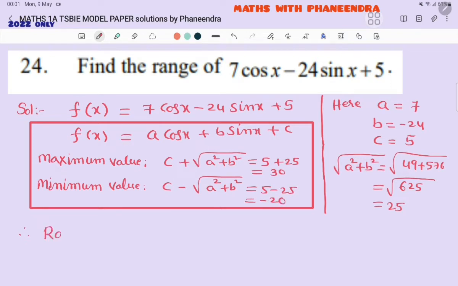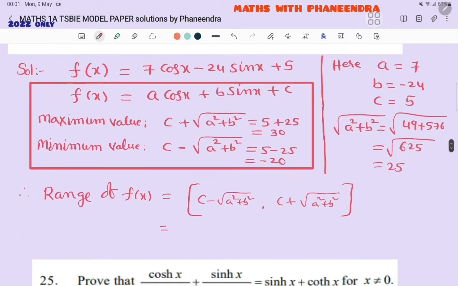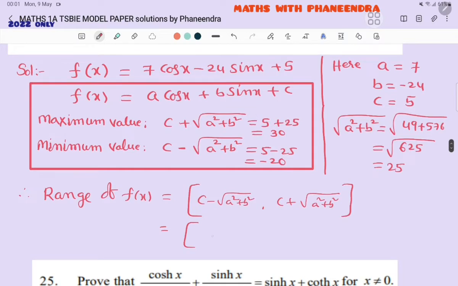Therefore the range of f of x is, minimum value and maximum value. So c minus that value is minus 20, c plus that value is 30. So this is the range of the given f of x.